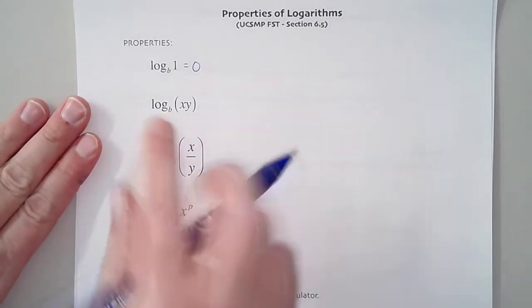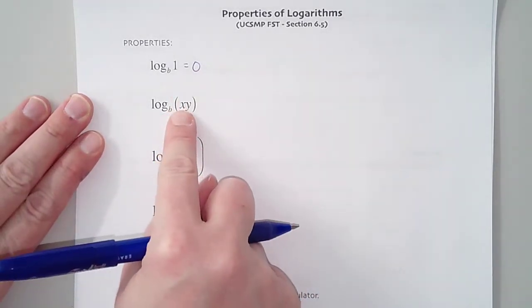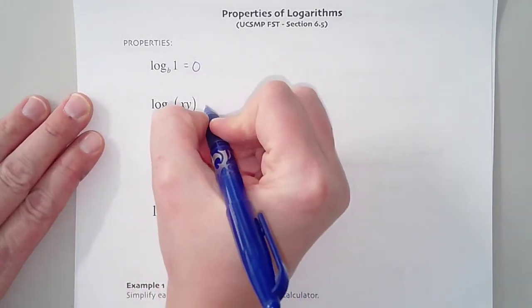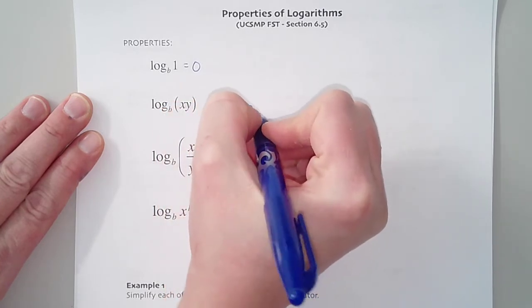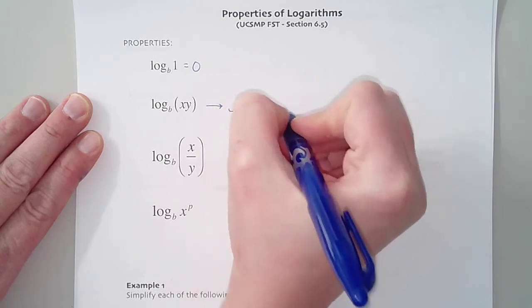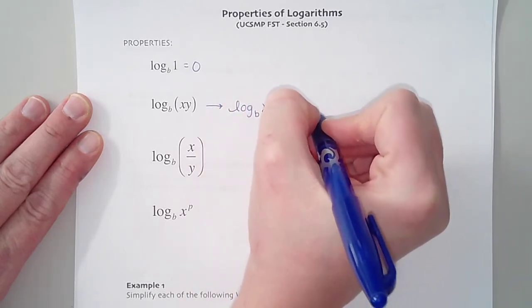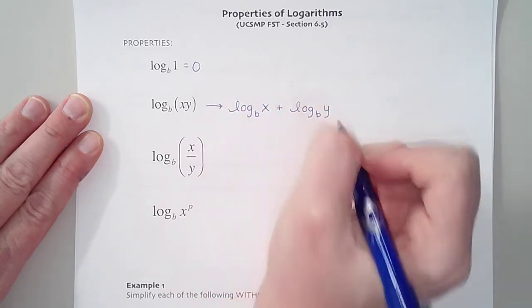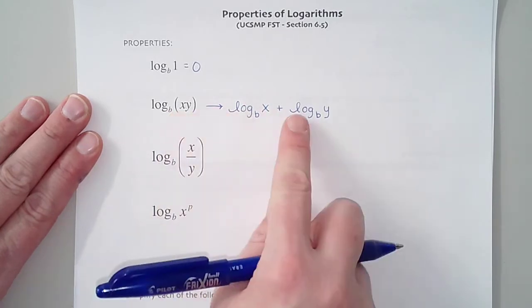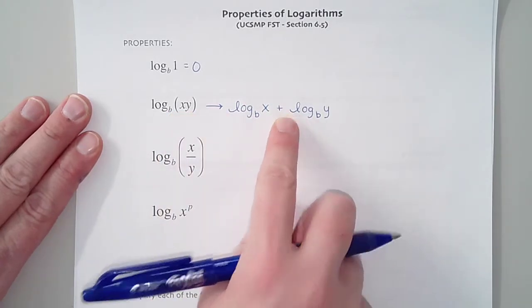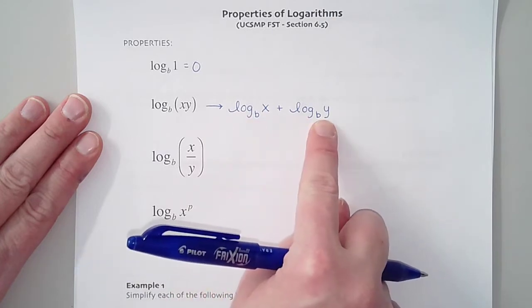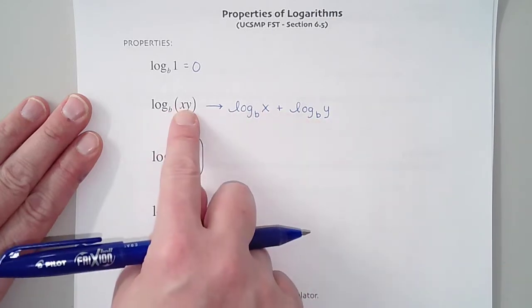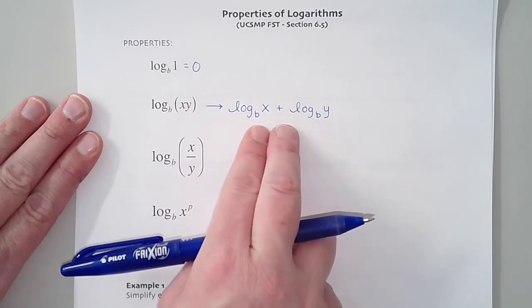So if you want to separate this and write it as two separate logs, you can write it as the log of one plus the log of another. Multiplication becomes addition in the land of logs, because each one of these represents an exponent, and when you're multiplying powers together, you add the exponents together.